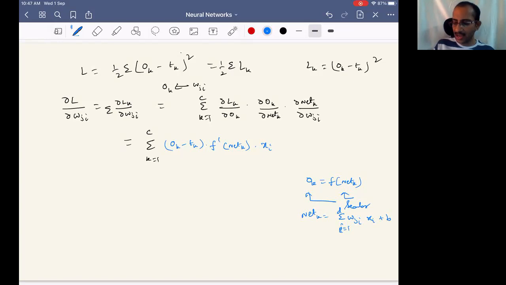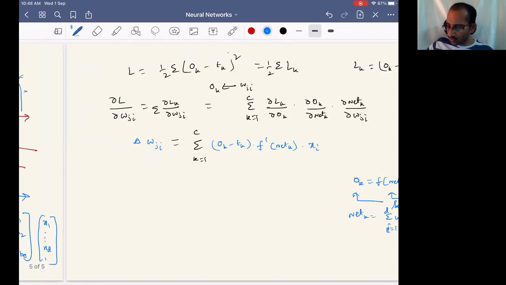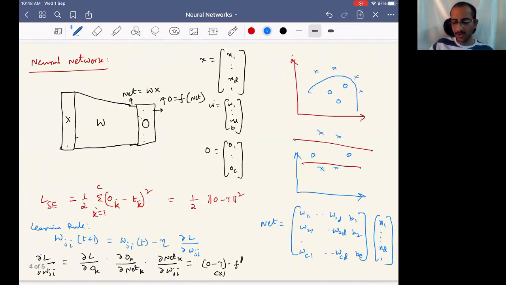And summation over k equal to 1 to c, what you get will be delta Wji. Now what we are trying to do is see this in a vector form. We can actually write it in two ways.